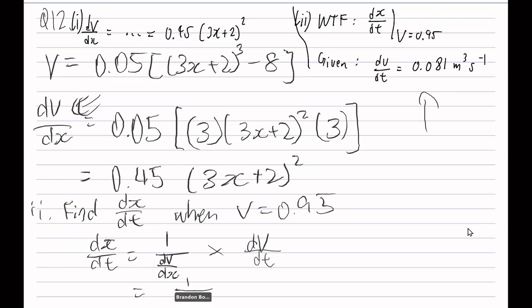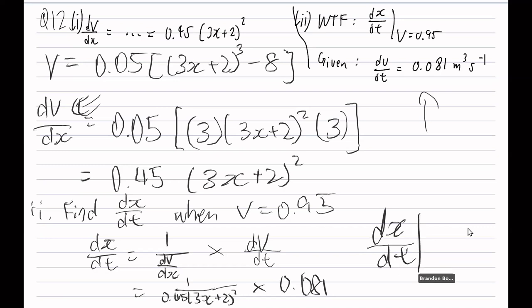Go to 1 over... dt. Very good. I will do the notation but no space. But can you substitute there?